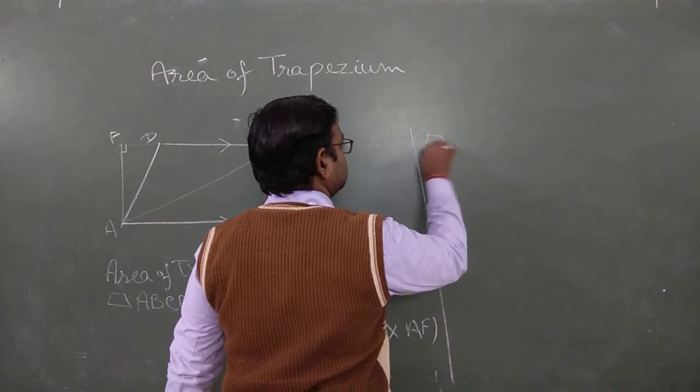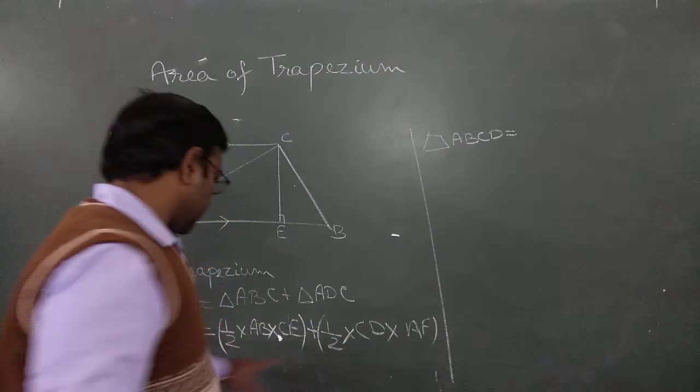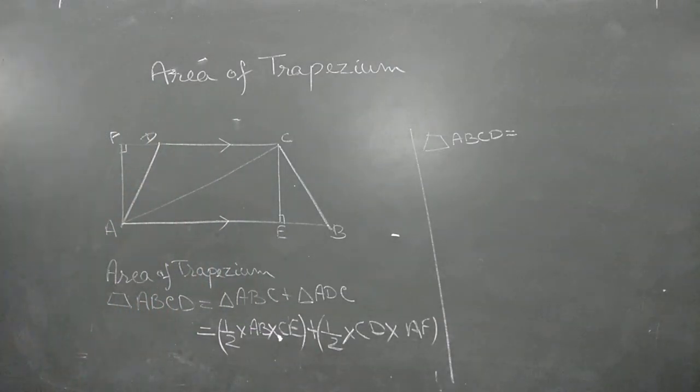Now from this we can easily find the area of trapezium ABCD equals half, common from both. Half is common.